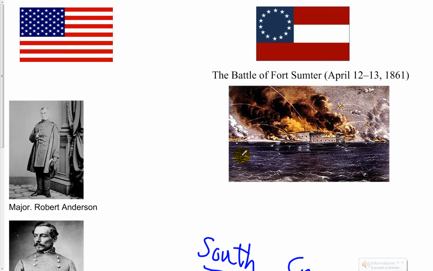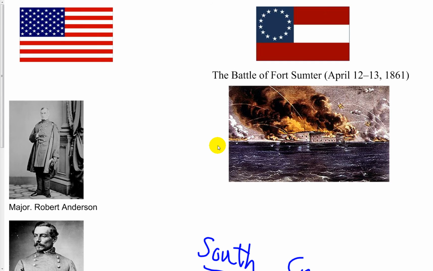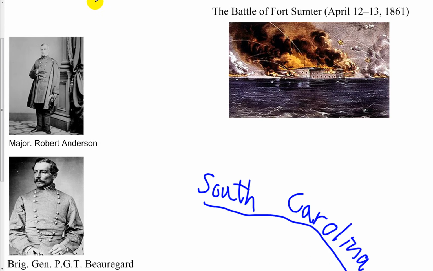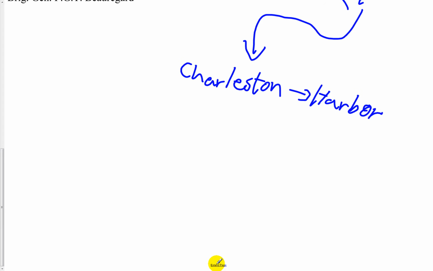The Battle of Fort Sumter was the first battle of the U.S. Civil War. It was kind of a problem for both the U.S. and the CS government, because they were wondering who should strike first.